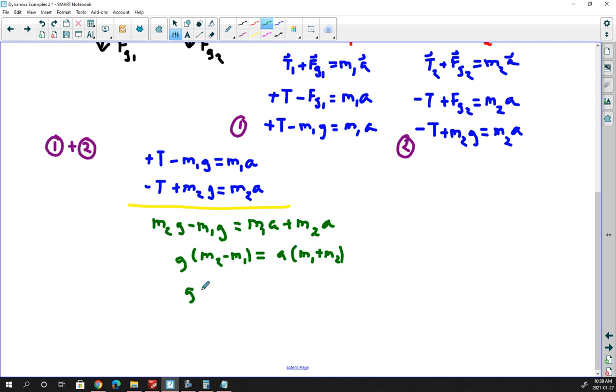So I'm dividing both sides by that. And lo and behold, I have found a way to calculate acceleration. So the next thing we're going to do, and I'm going to ask you to do this, is substitute in the values and see what you get for the acceleration. Please try that. And I'll pause, you pause, and then we'll be right back.